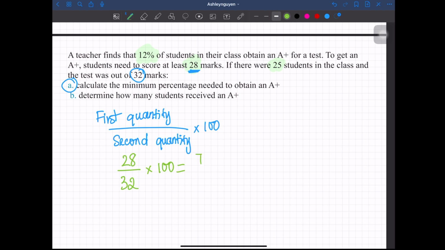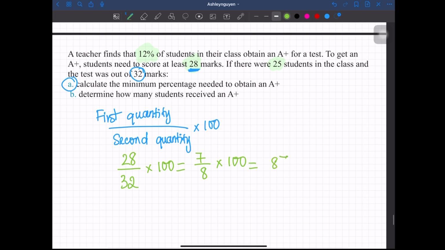It would equal 7 over 8 times 100. Using the calculation, you can see that it's equal to 87.5%. Whenever doing mathematics, it's important to interpret your answer. In here, we can say that students have to obtain a minimum of 87.5% to receive an A+.